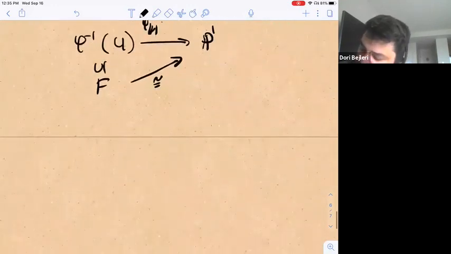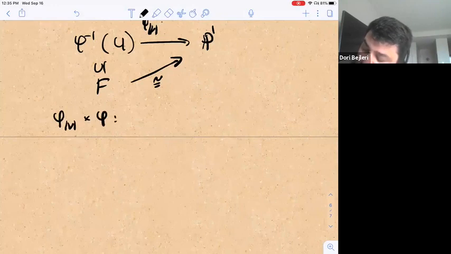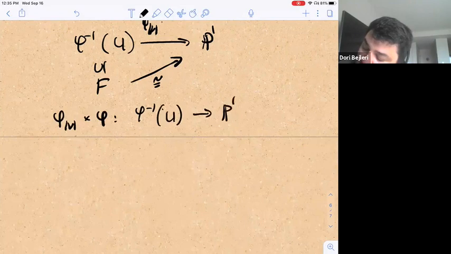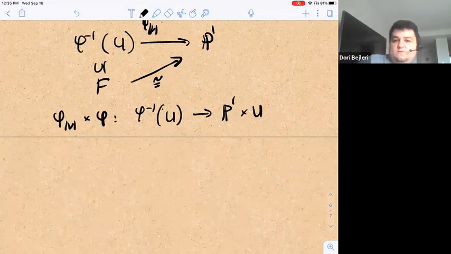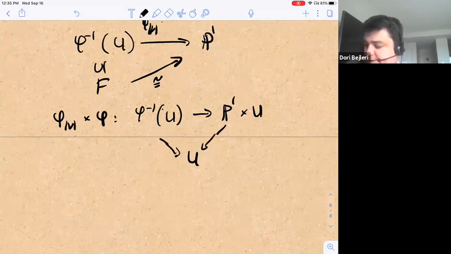So now if we take the product with U, we get our linear series times our original map, which goes from phi inverse of U to P1 times U. And this now is some map between normal varieties that's an isomorphism on the fiber over our point, which means it's an isomorphism on some neighborhood, because everything is flat over this U and everything's normal.